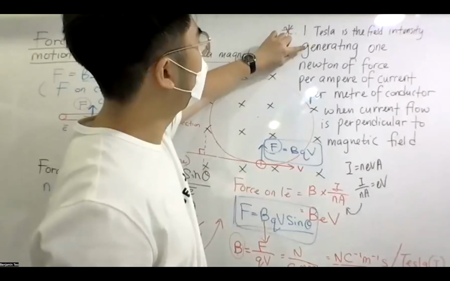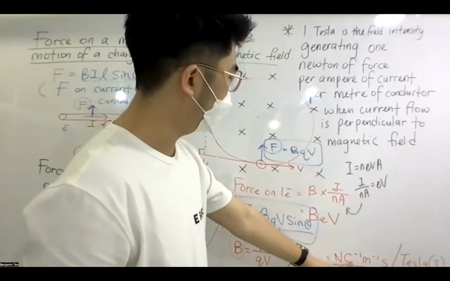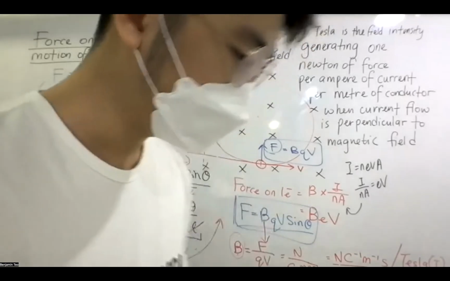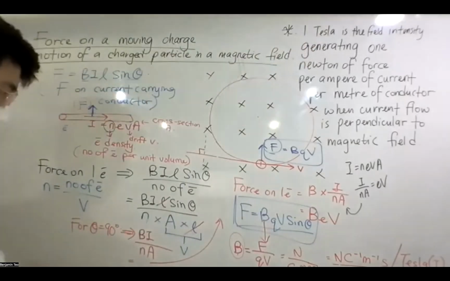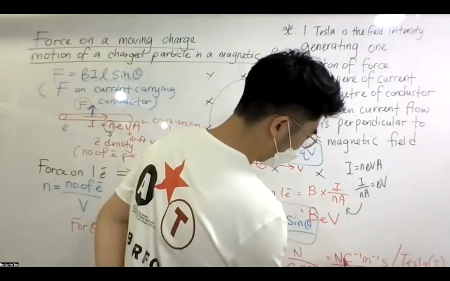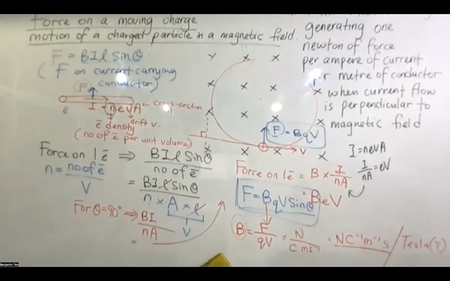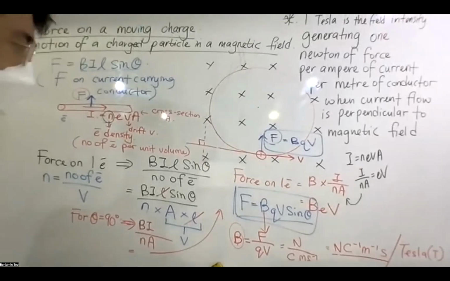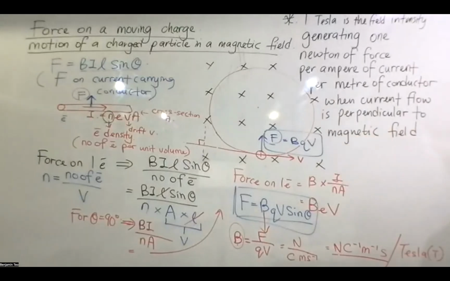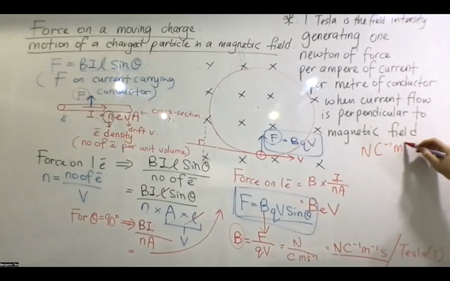One Tesla is a field intensity generating 1 Newton per ampere, sorry, per ampere per meter. That means for this one, Coulomb, NC minus 1, m minus 1, s.